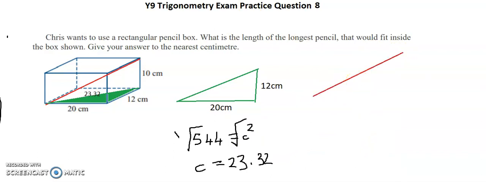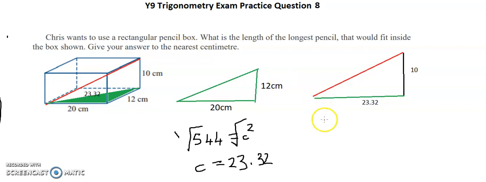I don't know what it is, but we did just work out the base of my main triangle, and my base is 23.32. We already knew the height of the box, which is 10. So now I know that, all I need to do is solve it.